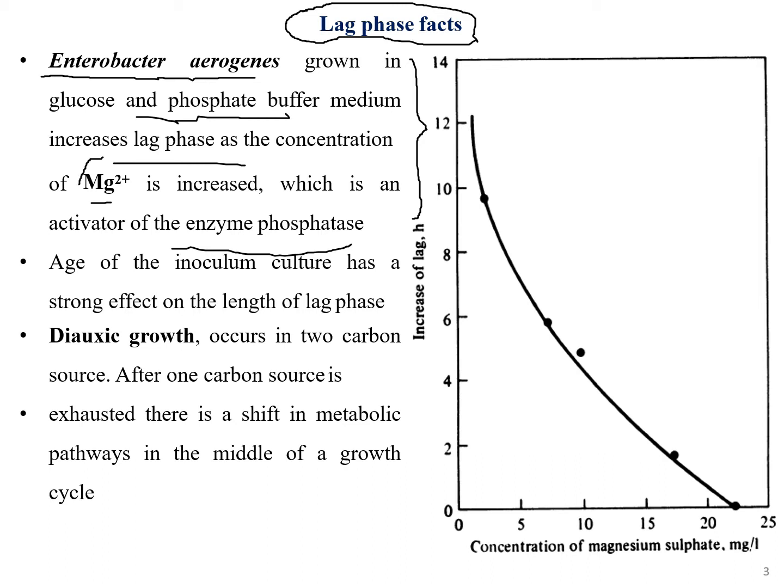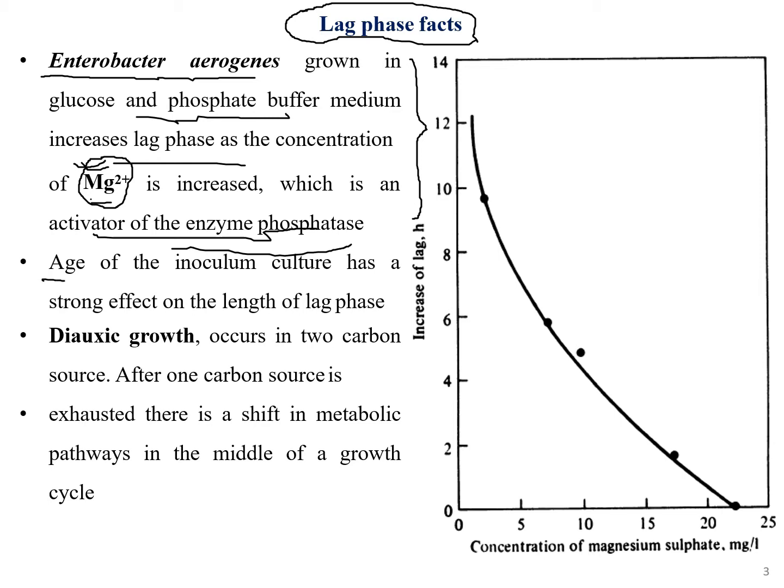So the magnesium ion concentration is very important in extending or decreasing the length of the lag phase. The higher the concentration of Mg2+, the lengthier the lag phase, because Mg2+ activates phosphatase, which is involved in making the process lengthier. The presence of Mg2+ is important for the microbes to adapt to situations and thus start the growth phase.